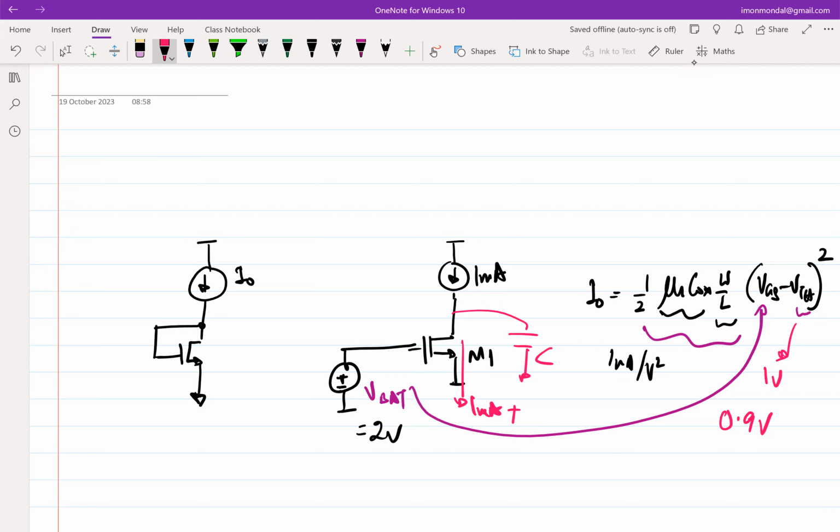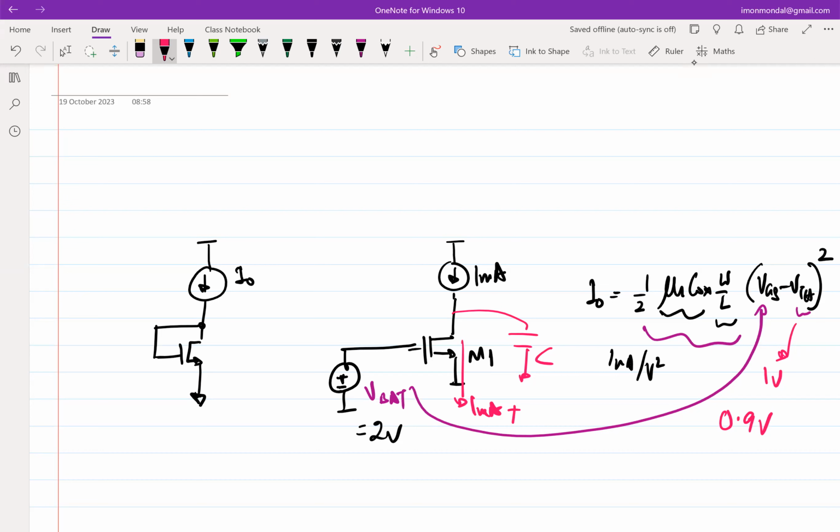So when you expand this, you will have some delta VTH squared term, right? This is 0.1 millivolt squared term, and there will be one term which is linear, right? That delta VTH times this guy times 2, right? So what is that term? 2 times this guy, what is that term? The increase will be 0.2.